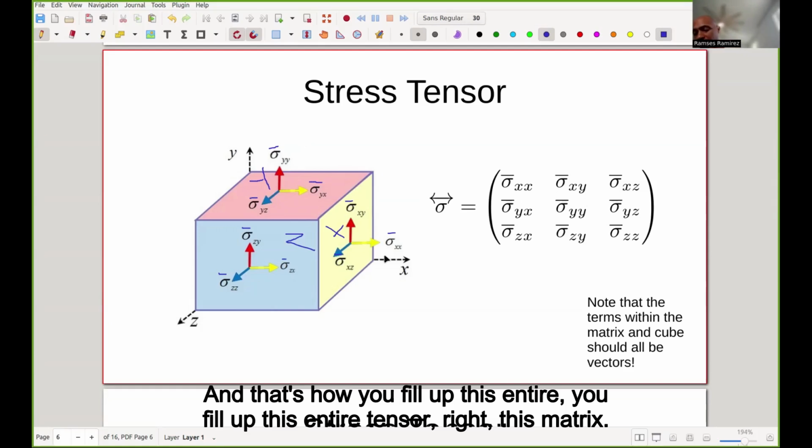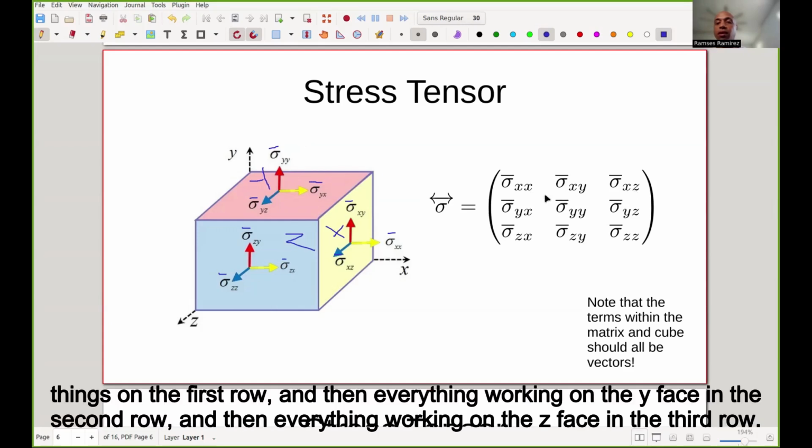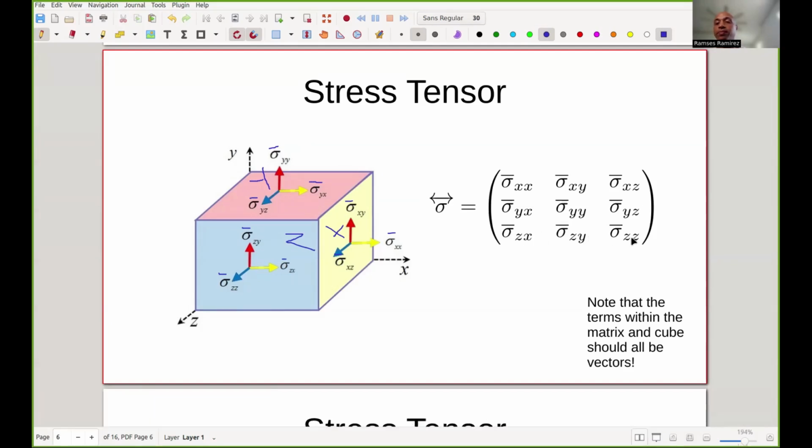That's how you fill up this entire tensor, this matrix. You have all the X face terms on the first row, then everything working on the Y face in the second row, and everything working on the Z face in the third row.